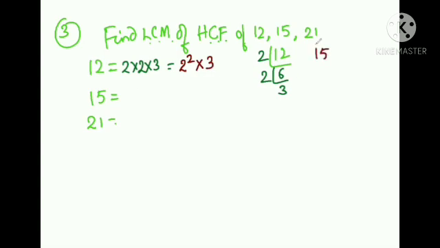Now 15, the next number, 3 fives are 15. So 3 into 5. This is the prime factorization. 21, 3 sevens are 21. Now HCF: first of all, find out the factors which are common. Here 2, 2 is not here.